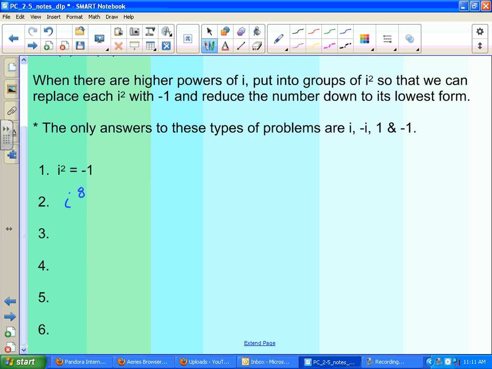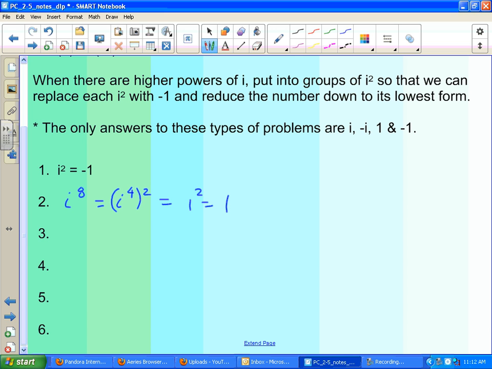Did you hear what he said? i to the 8th is i to the 4th times 2, so i to the 4th squared. We know i to the 4th, based on our last rule, is 1. And 1 squared is 1.